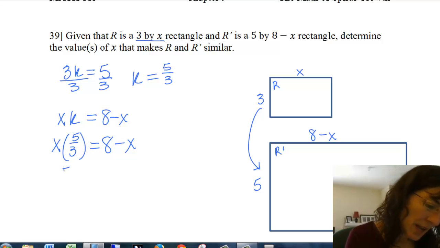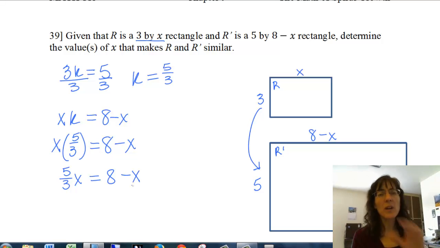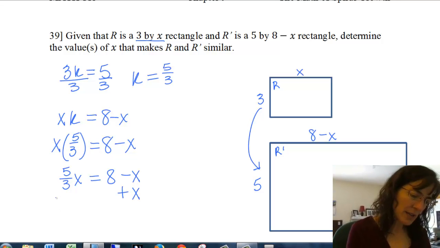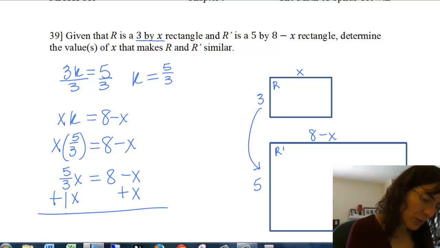And then that is the same thing as 5/3 x equals 8 minus x, and then I want to get the x's to the same side, and to do that I'm going to add x to both sides. And remember for the x that it has an implied coefficient or number part in front that's a 1. So I want to write that as 1.